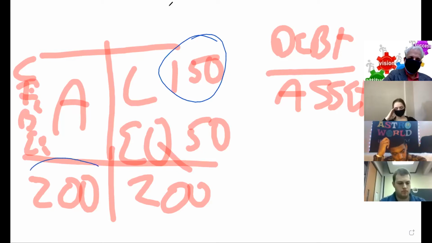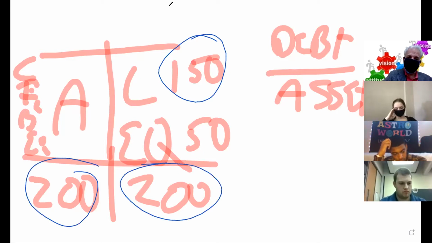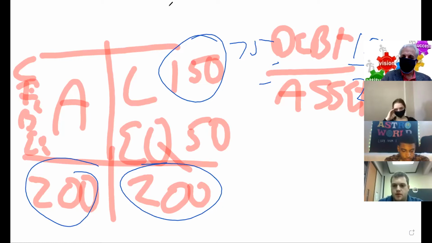My total assets, and the same as total liabilities and equity, is 200. So my debt to asset is 150 divided by 200. Now I can quickly look at that, and if I cut my 200 in half, that's 100. Cut my 150 in half, that's 75. So I've got 75 out of 100.